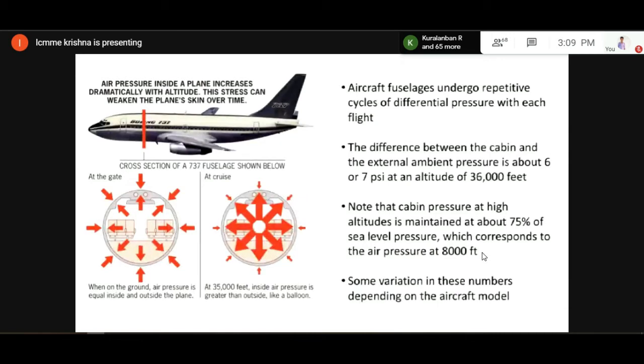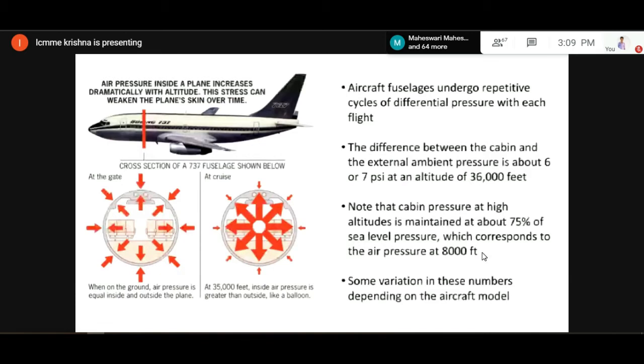The aircraft fuselage undergoes repetitive cycles of differential pressure with each flight. The difference between the cabin and external pressure is around 6 to 7 psi at an altitude of 36,000 feet. So we have to see that the cabin pressure altitude is maintained at 75% of the sea level pressure, which corresponds to an air pressure at 8,000 feet.